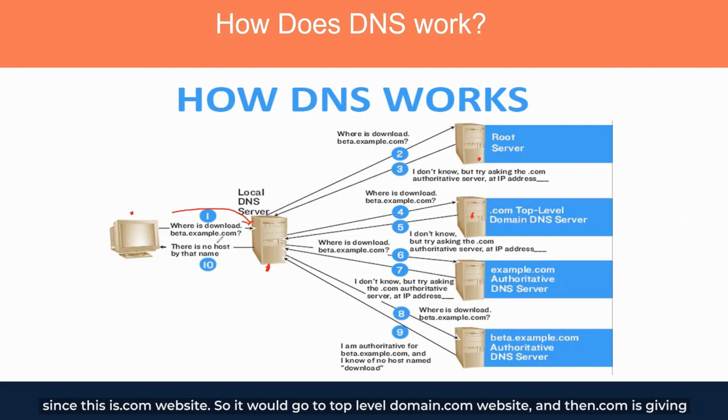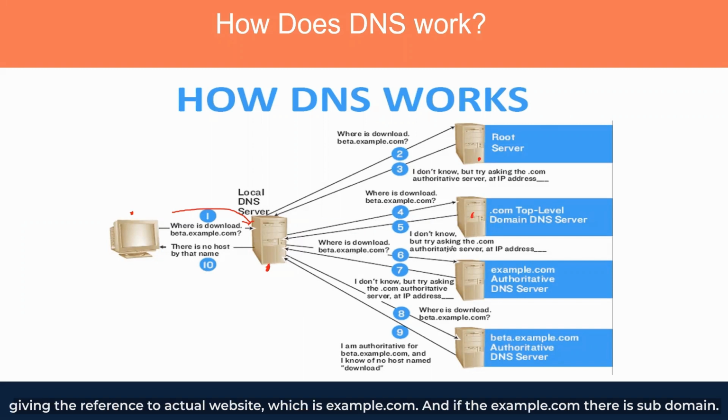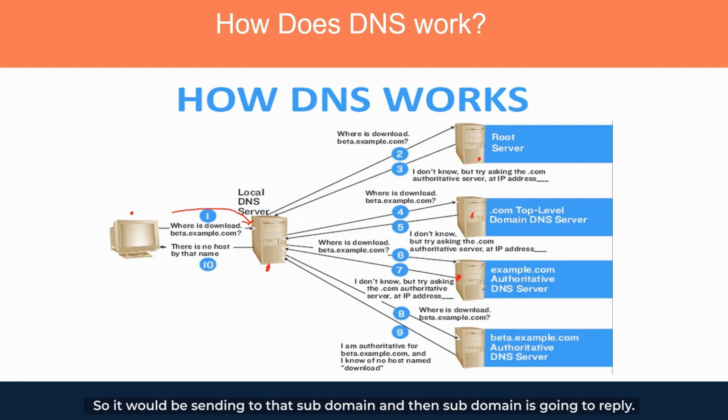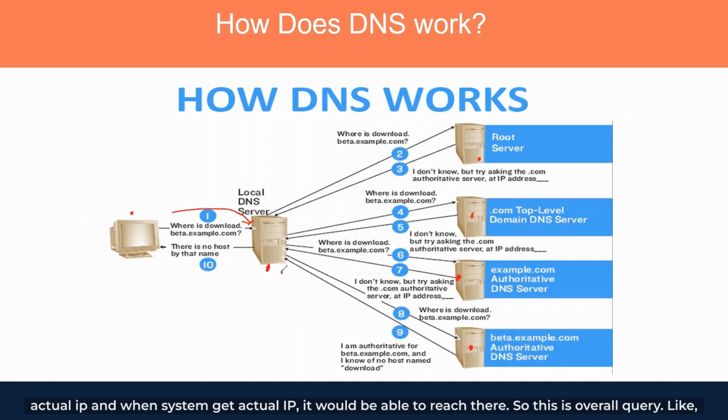Since this is a .com website, it would go to the top level domain .com, and then .com gives the reference to the actual website, which is example.com. And if example.com has a subdomain, it would be sent to that subdomain, and then the subdomain is going to reply with the actual IP, and when the system gets the actual IP, it is able to reach there. So this is the overall query.